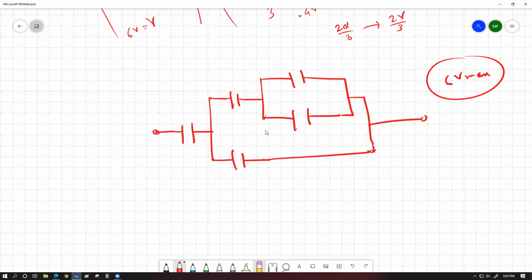Now how can we do this thing? What's going to happen over here? They're all identical capacitors, no problem there.